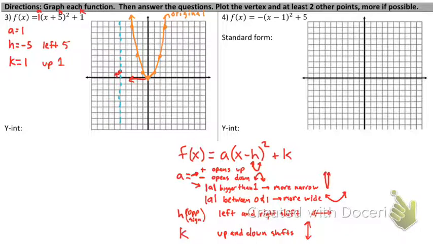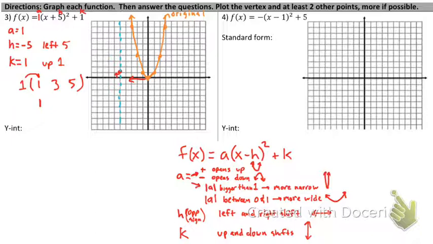So to get the other dots, we're going to use the 1, 3, 5 pattern. To use this, we want to take our A value and always multiply it with 1, 3, 5. So our A value is 1. If I multiply that in, we still get 1.